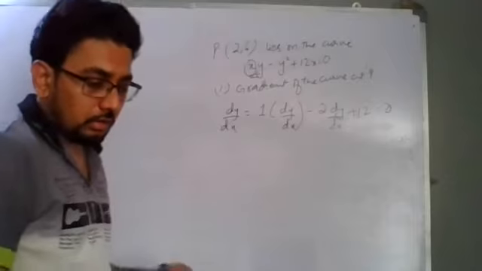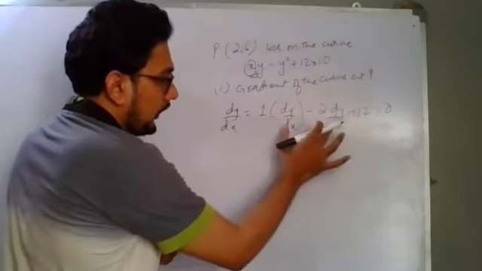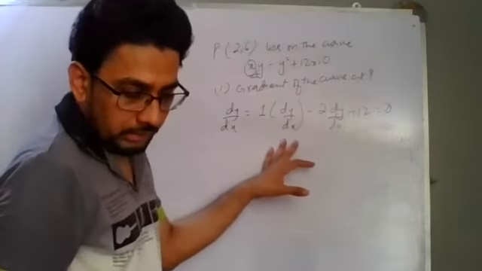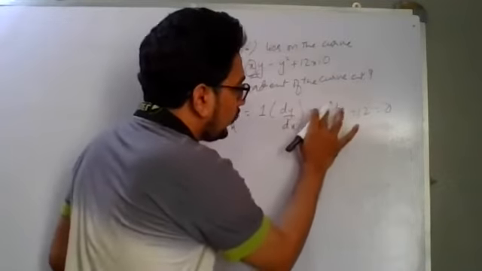Now we will be taking dy over dx common. If I take dy over dx common, this is like minus 2y.